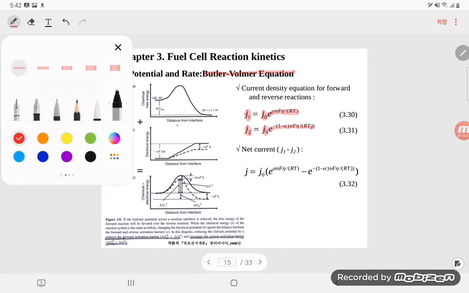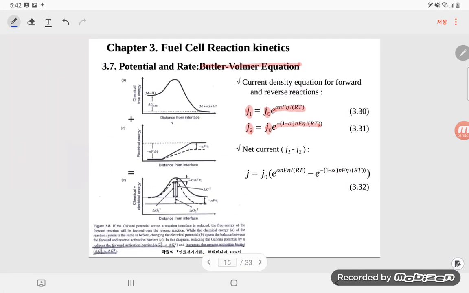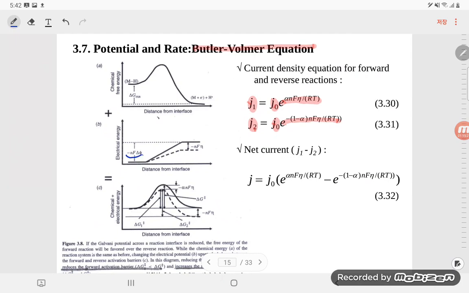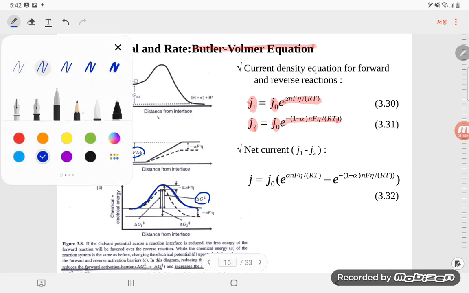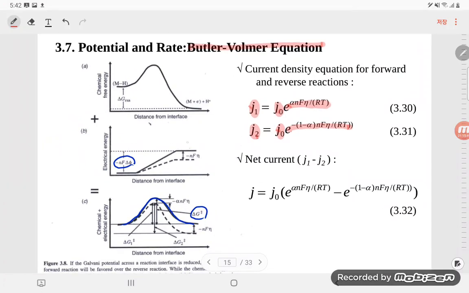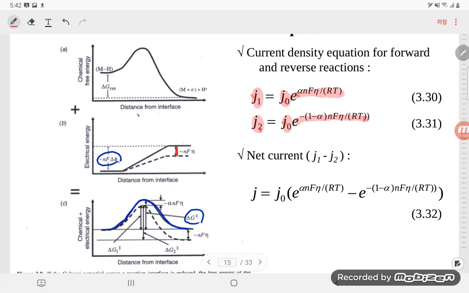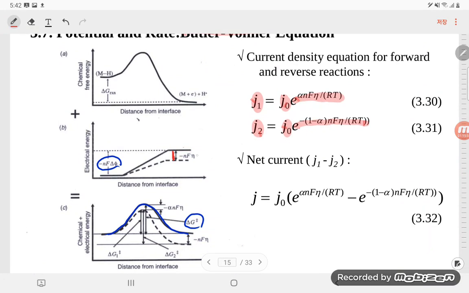Firstly, the electrical potential makes it an equilibrium, the blue line, right? And there is an original delta G activation barrier here. And how about the case if we decrease the amount of this value, the electrical potential?